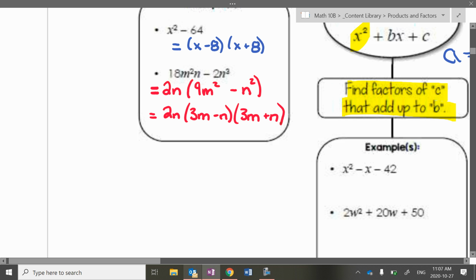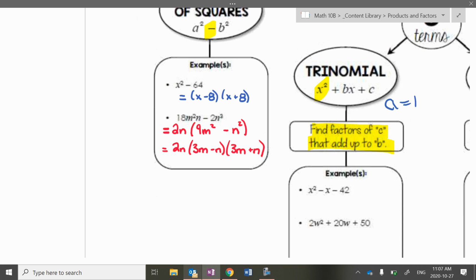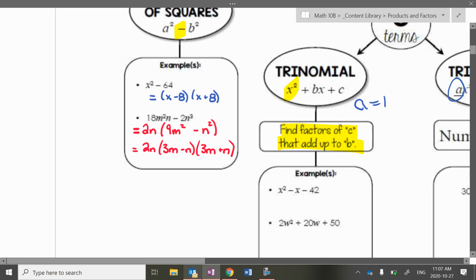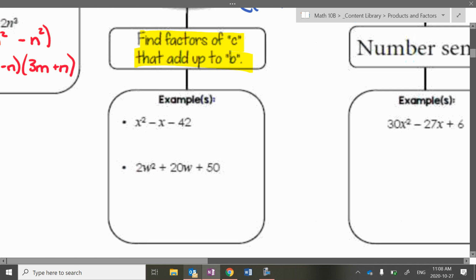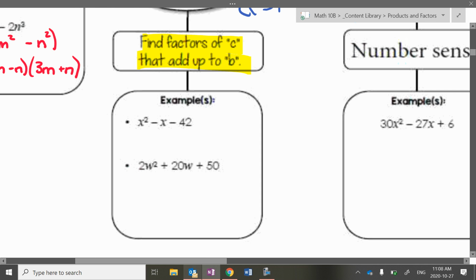That first example was a little bit easier than the second example. Do those two make sense? Is that okay? Yeah, cool. Then trinomials where a is equal to 1. I need 2 numbers that multiply to 42, which is our c, and add to -1, which is our b.